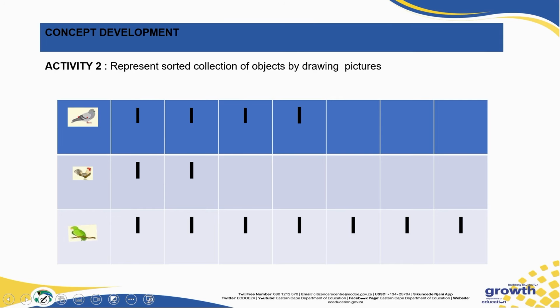Now, it has been drawn in a form of pictures. These are drawings. Let us look whether the drawings are correct. We said on that slide, Velalanga students collected pigeons. Who can recall how many were they? They were 4, of course.